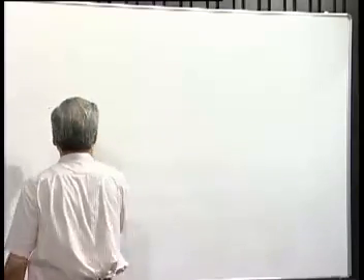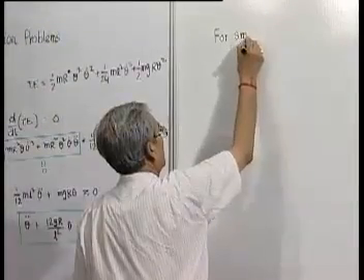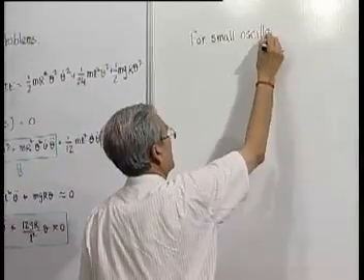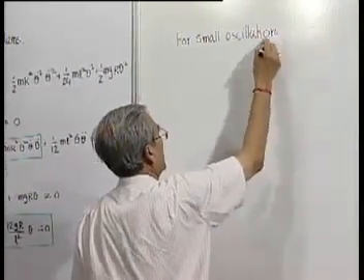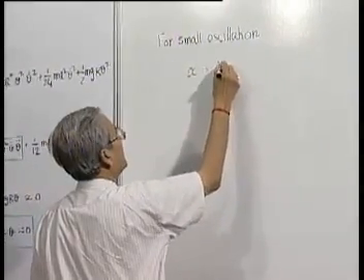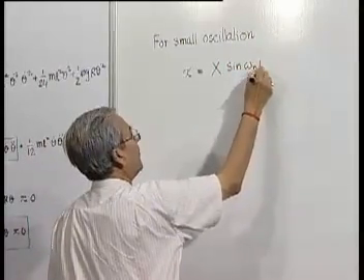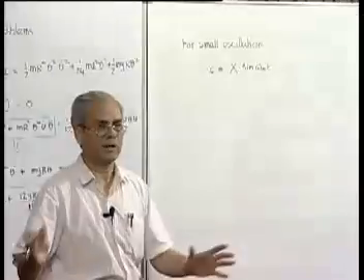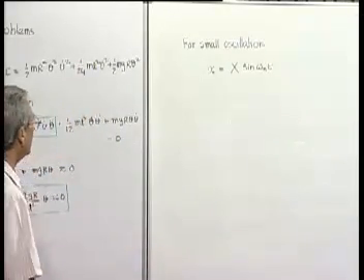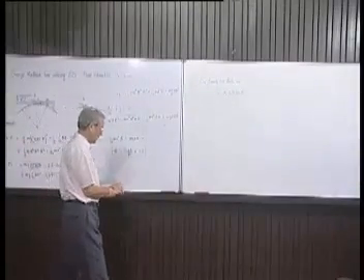So, for small oscillations, always remember, any oscillation can be written as follows. Whether it is angular or linear, if x is the displacement coordinate, then x as a function of time can always be written like this. We have seen that.